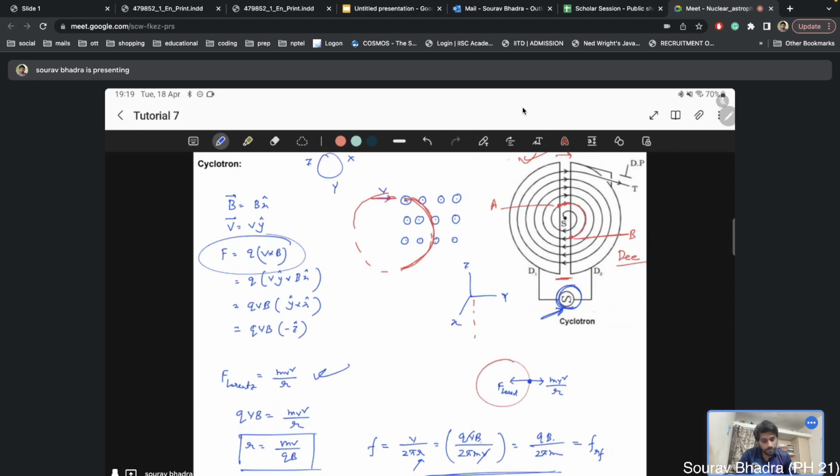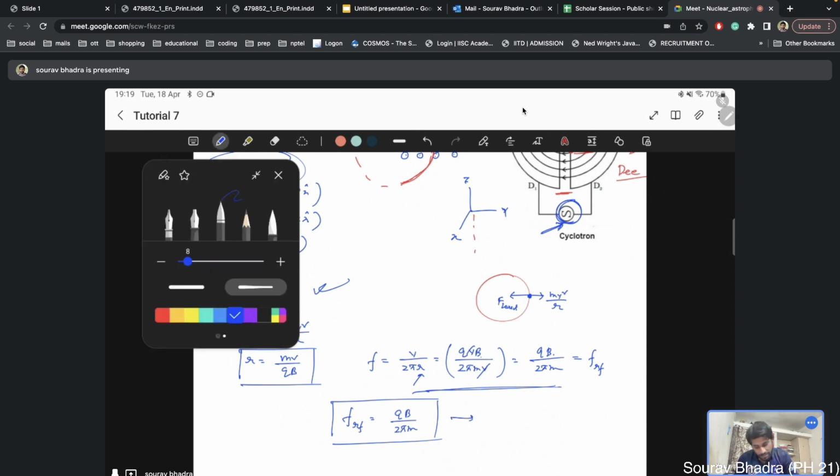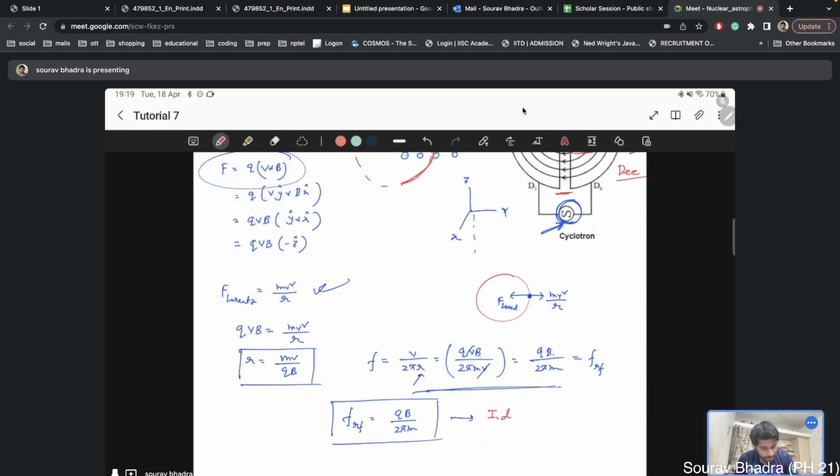Okay, so this is an important thing, that our f RF should be qB by 2 pi m. Here you can see it is independent of radius. That is the main point. I am writing it in red, independent of radius.